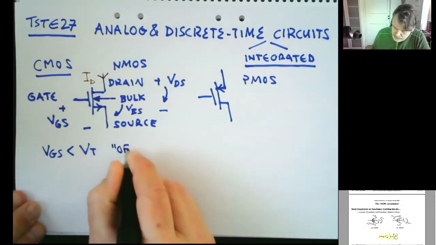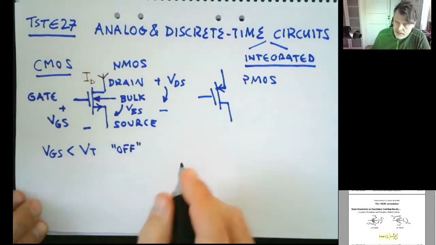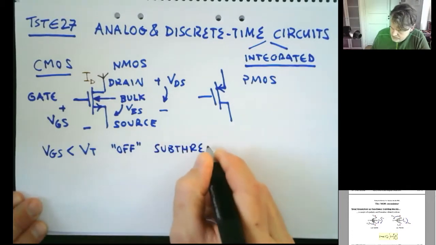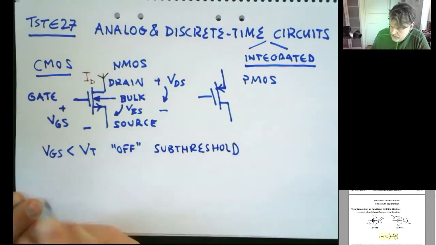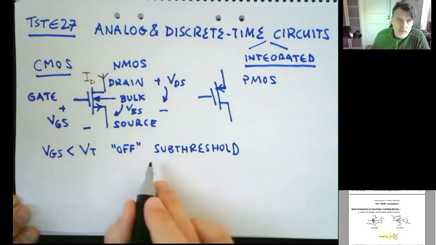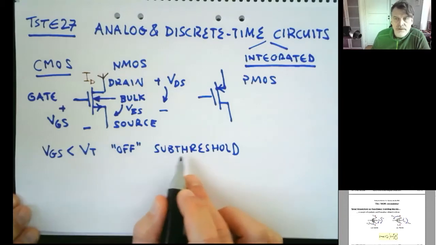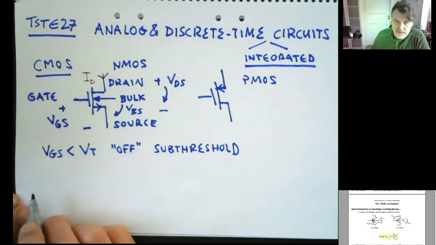In digital, we call this off. In analog, we call it sub-threshold. And why do we do that? Well, in our world, it's never off. In fact, you can do quite a lot of operations with a transistor in sub-threshold. We will look at those things later.